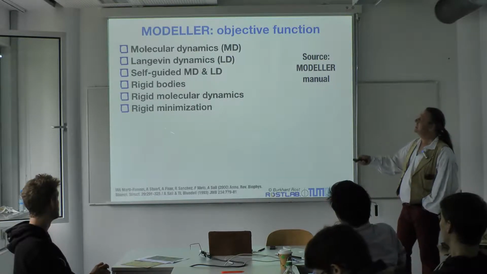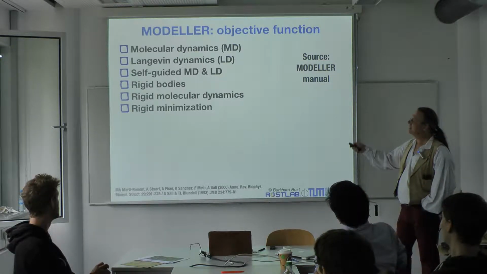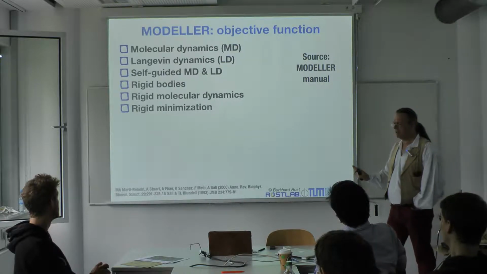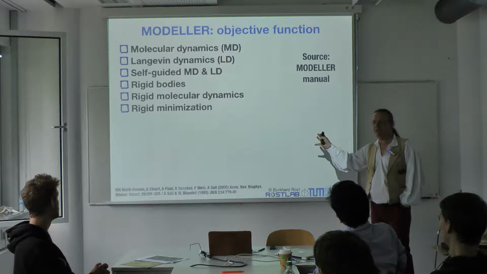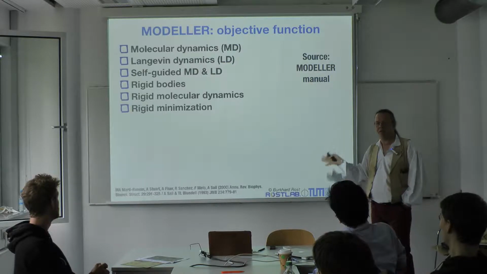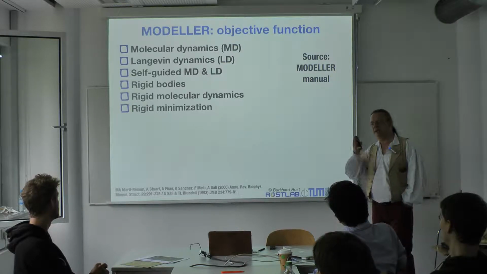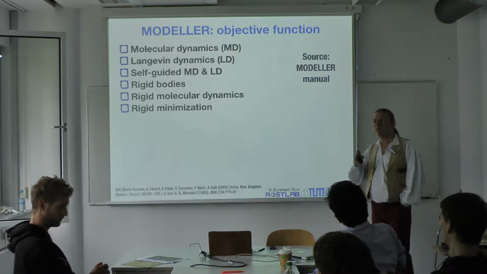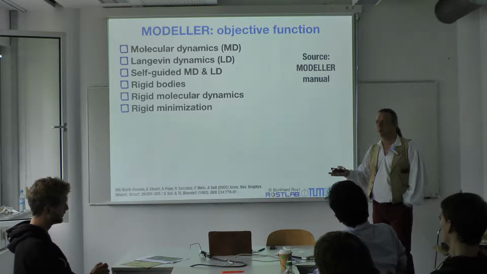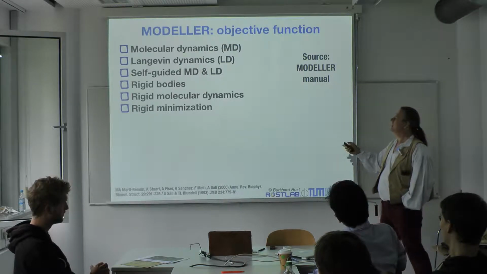You minimize with a variety of things. Again, I'm just rushing through. I do not expect you to know any of these in the exam. In fact, I expect you to know less than I say. But you get my point.